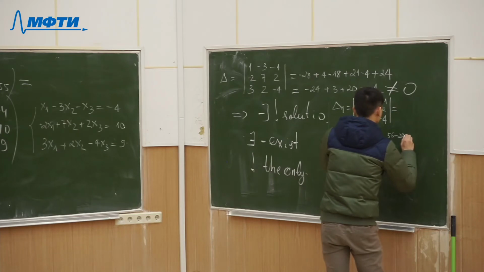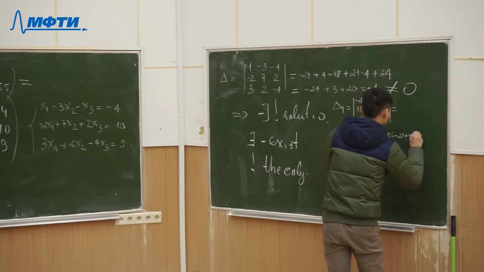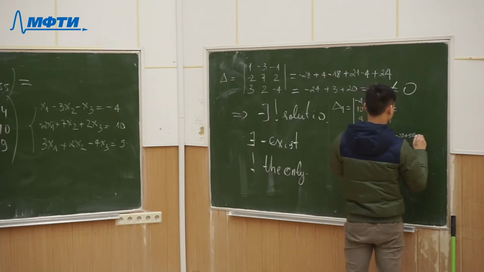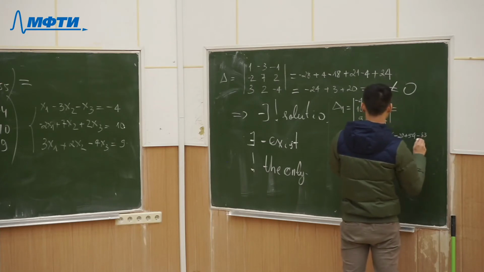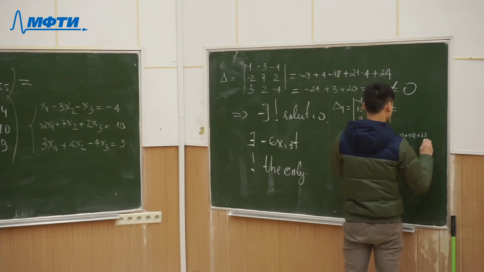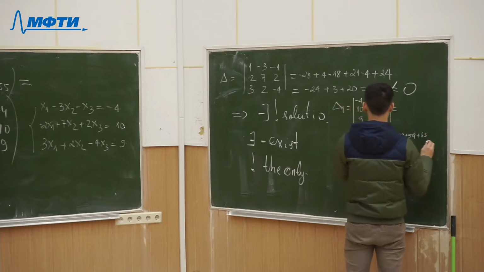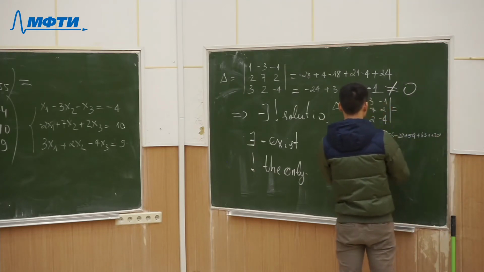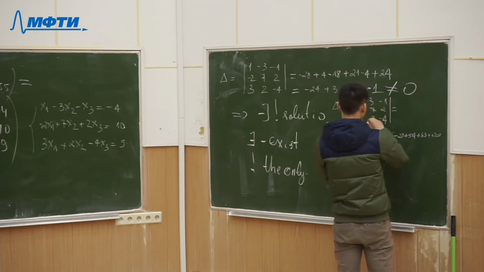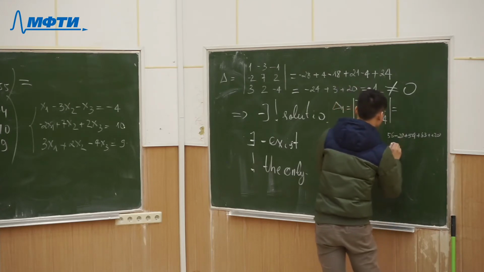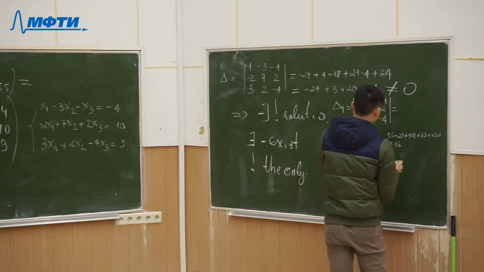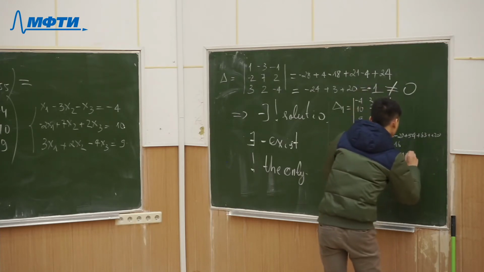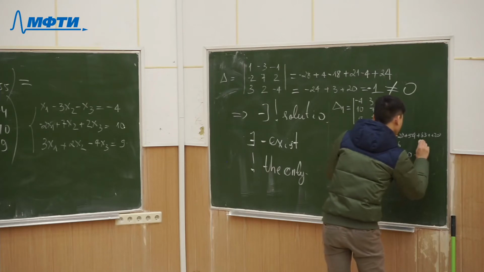Who calculated this determinant? Delta sub 1, yes. No, delta without sub 1. Difficult. Using the triangle rule is difficult here, in my opinion, of course. Much easier to use the properties of the determinant. For instance, multiply the first row by 2 and add to the second row.